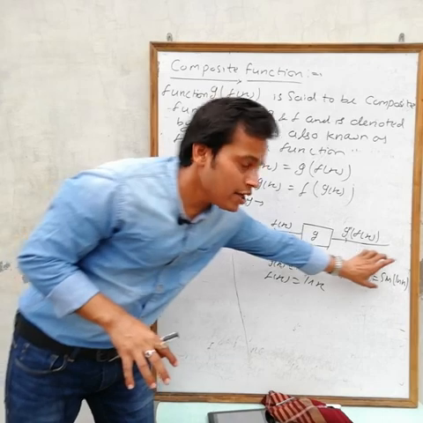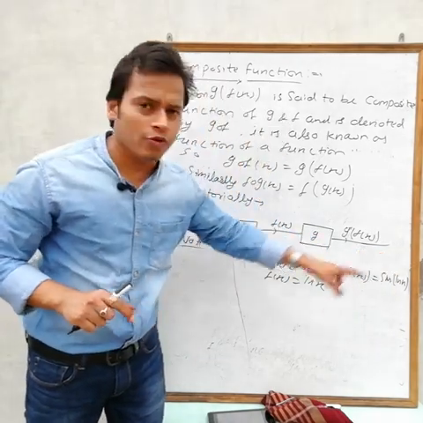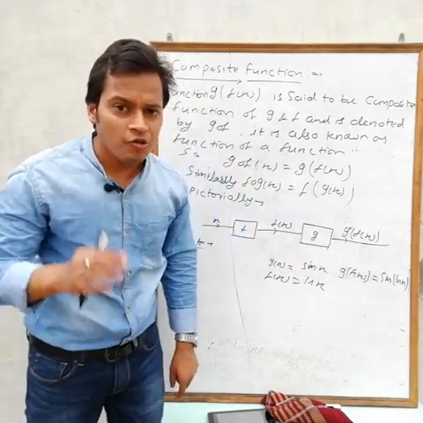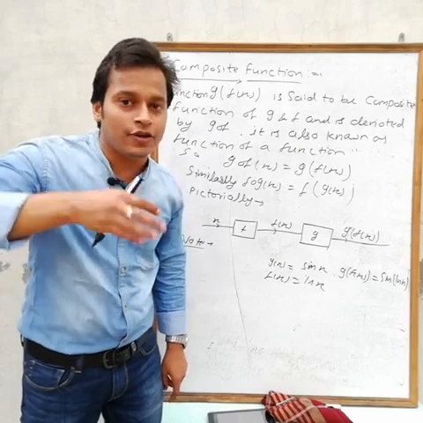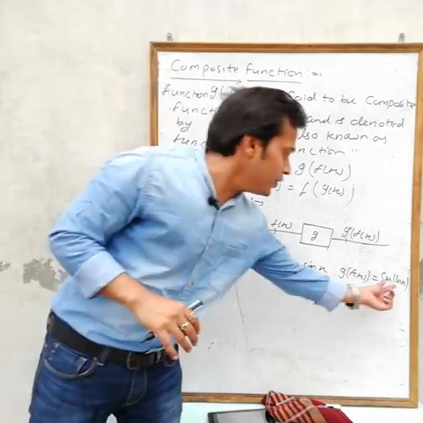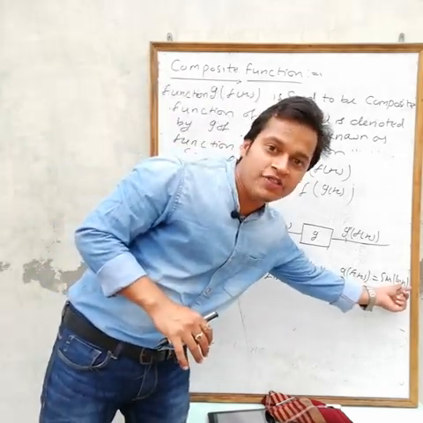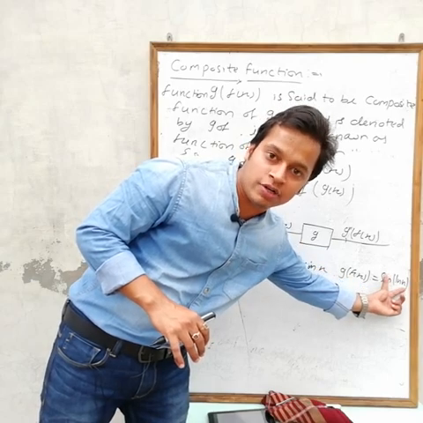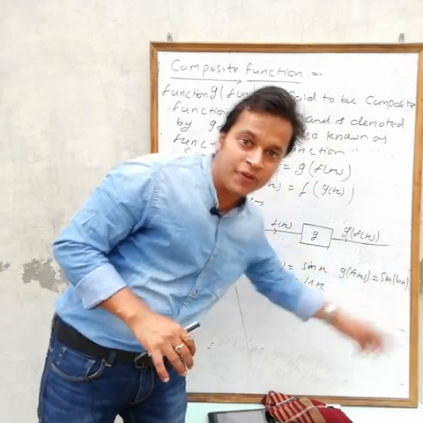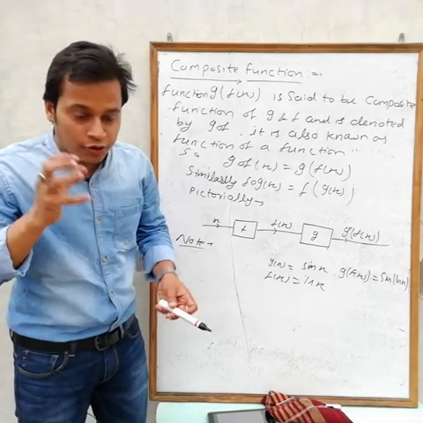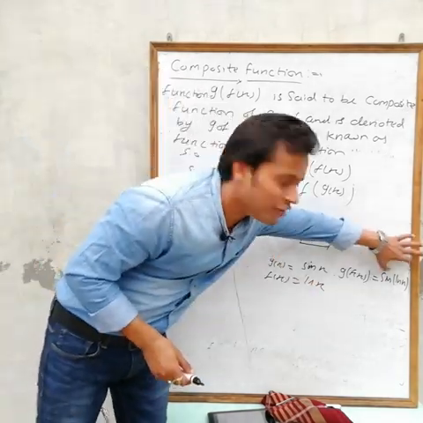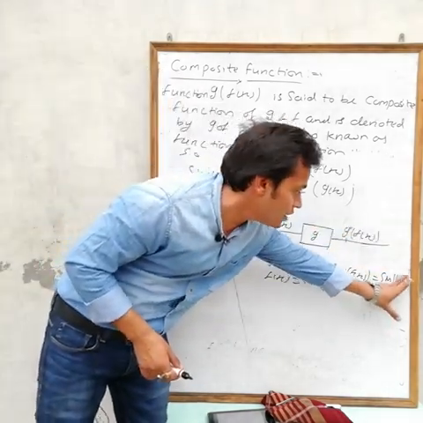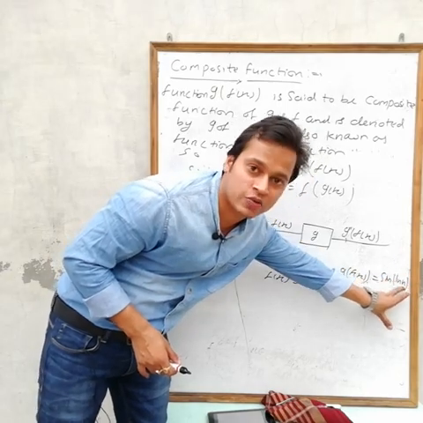Now this is the composite function. Now can you find the domain of this one? Obviously you can't put x as negative, because if you put x as negative, then ln x is not defined. If this one is not defined, then how can you get the total value of sin of ln x? Okay, so one thing is clear, domain of a composite function is always a subset of the domain of the inside function.